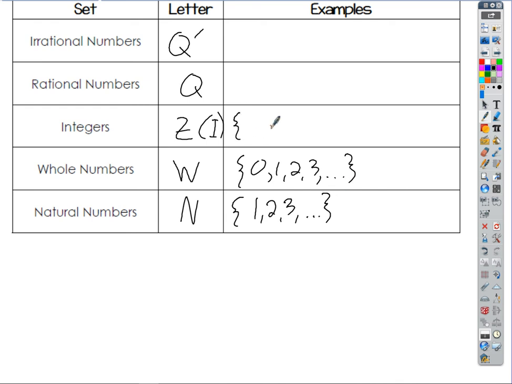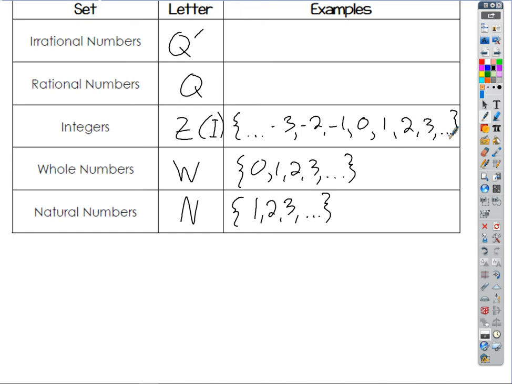Integers? Okay, this time we've got to include all the negative natural numbers. So this list is going to extend forever in the negative and positive directions along the real number line. We're going to have this pattern where we go from negative infinity up to -3, -2, -1. 0 separates the negatives from the positives, and then 1, 2, 3, something like that.